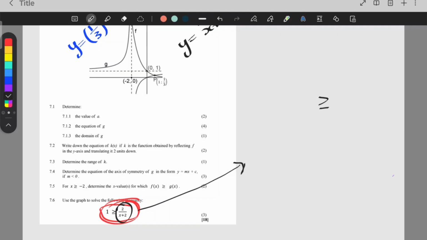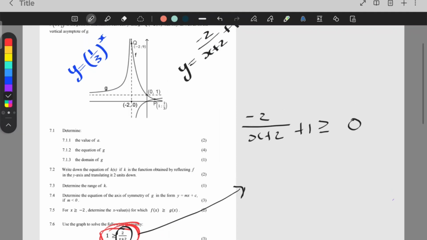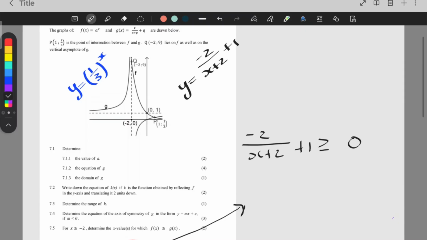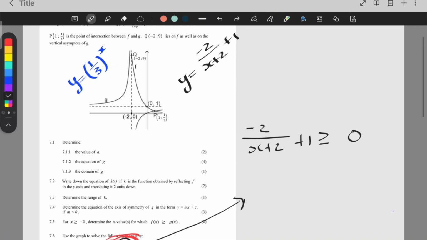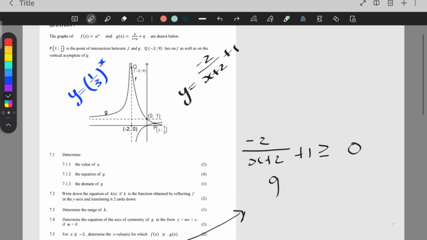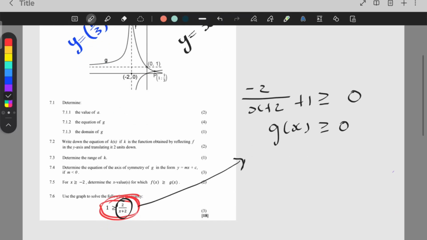I keep that sign, I take it over, so this becomes -2, and then +1, so this is now 0. Now this is the same as this. So the question is actually, where is, this was g of x, where is g of x greater than or equal to 0? That is our new question. We just changed the way it looks.